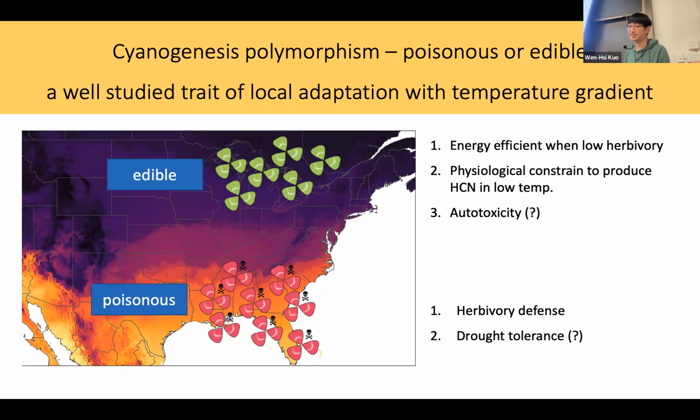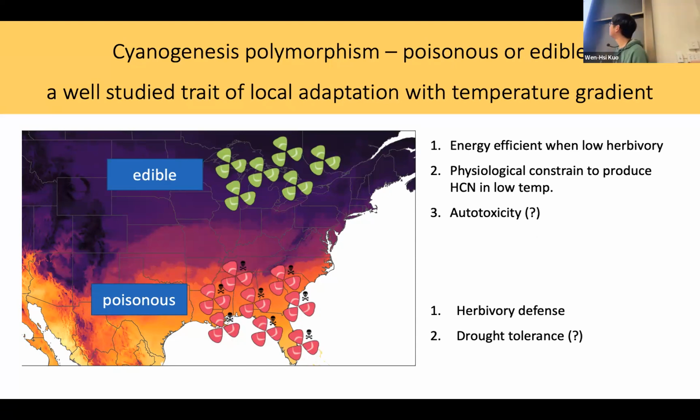Some hypotheses state that because the south has a warm climate, it has more herbivore pressure, and maybe it's also drier, and dryness may be associated with this poisonous trait, but it is not sure. In the north, the climate is colder, with lower herbivore pressure.